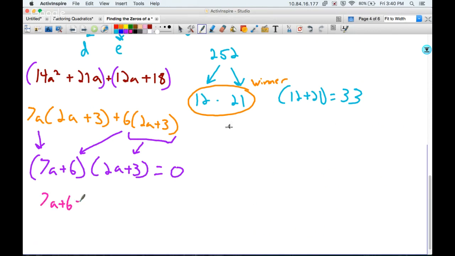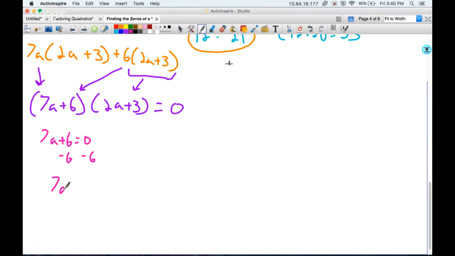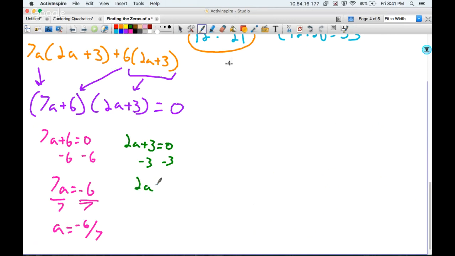7a plus 6 equals 0, minus 6 minus 6. We got 7a equals negative 6, divide by 7, divide by 7. A equals negative 6/7. Then we'll set this linear factor equal to 0. 2a plus 3 equals 0, minus 3 minus 3. 2a equals negative 3, divide by 2, divide by 2, a equals negative 3 halves.